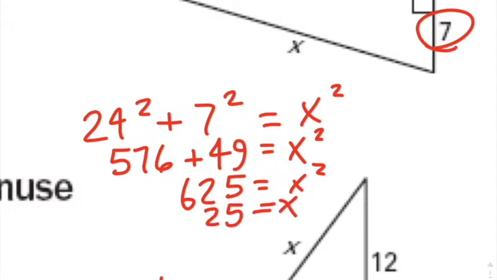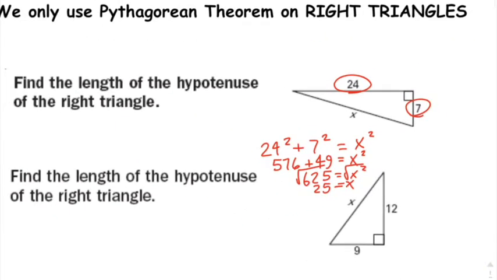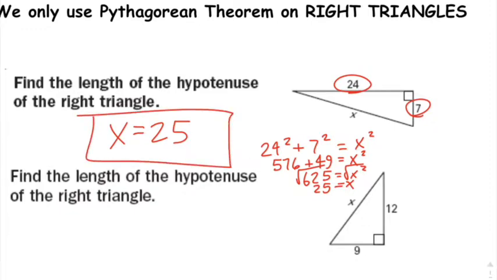Now technically in algebra, when you square root both sides, you have to say plus or minus, but in geometry we don't really have negative numbers, so we just talk about the positive version of this. 25, they didn't give us any units, so just 25 units.